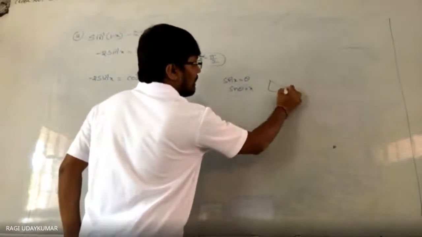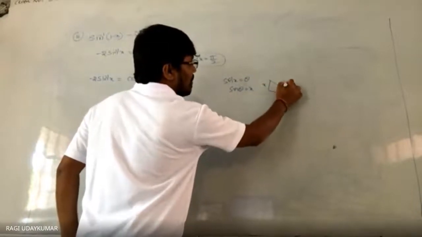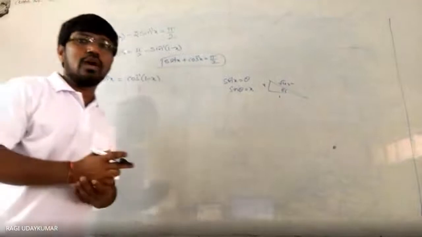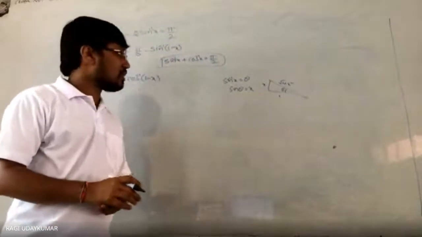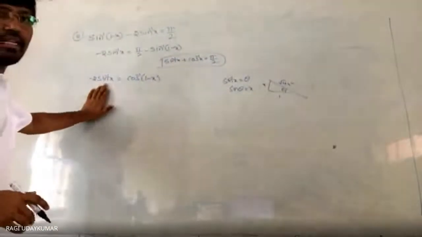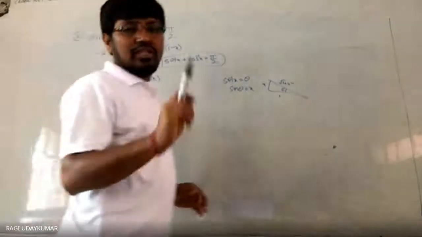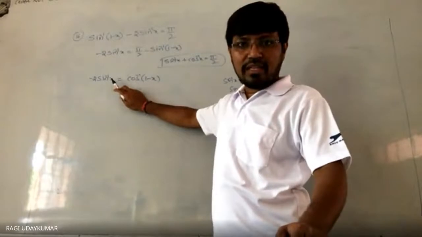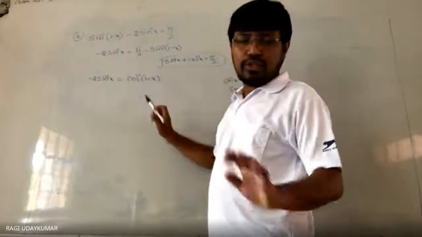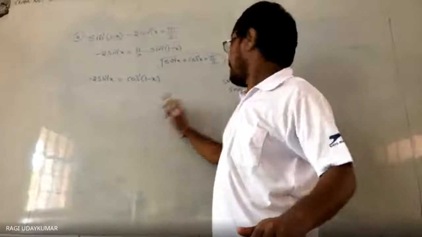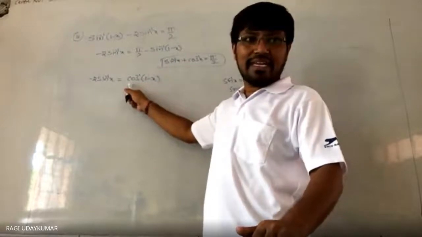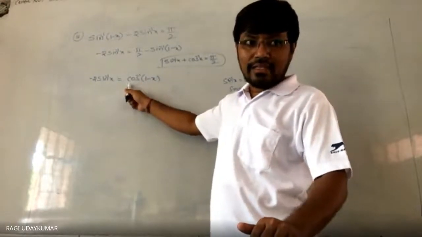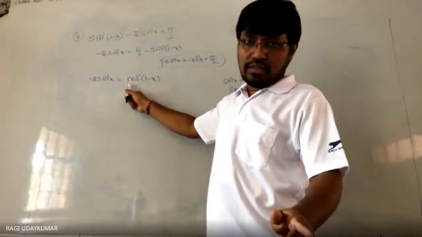So the sides are x, 1, and under root of 1 minus x square. Sin inverse x is equals to theta. As you have cos here, you can write this one in the form of cos.